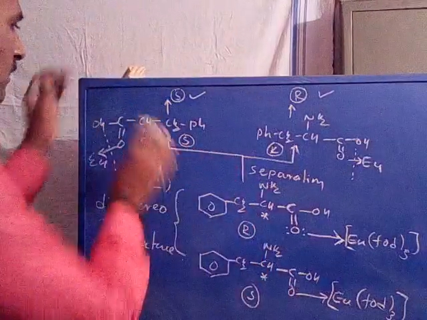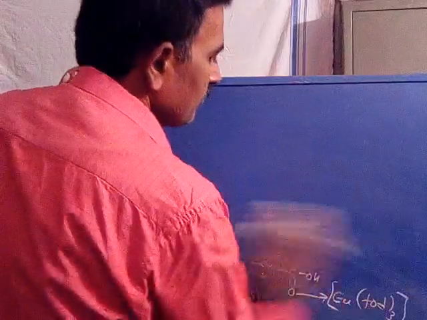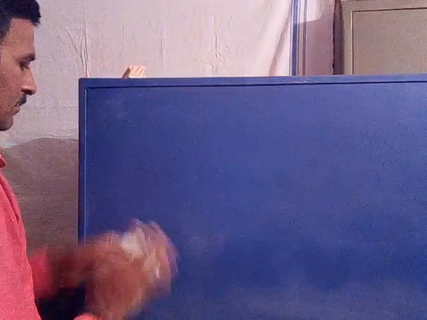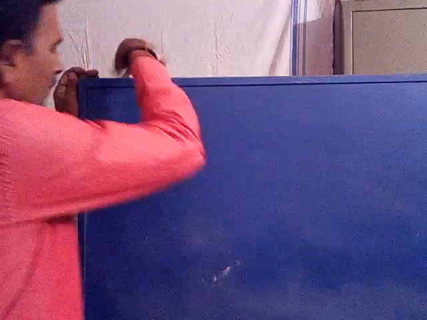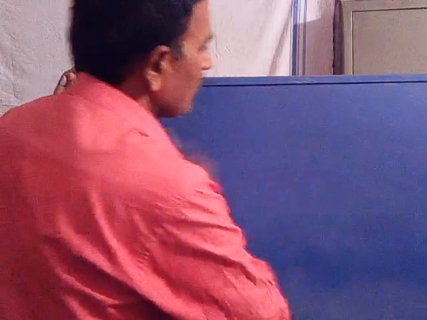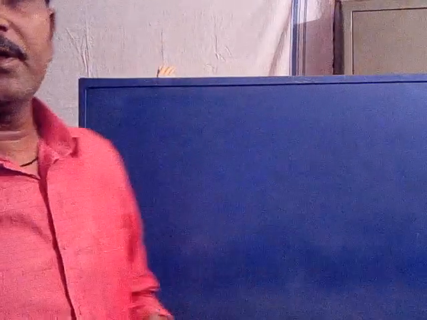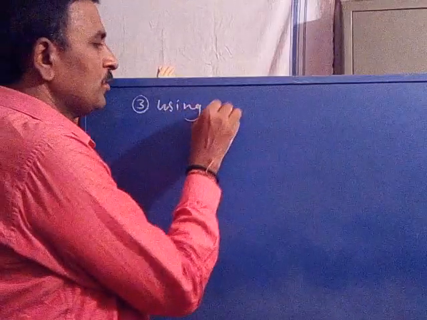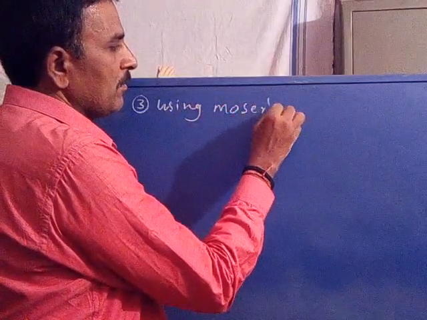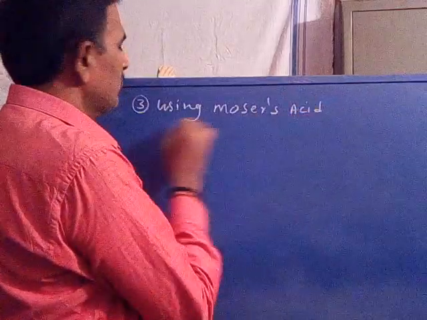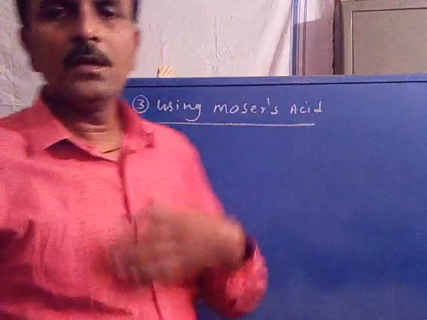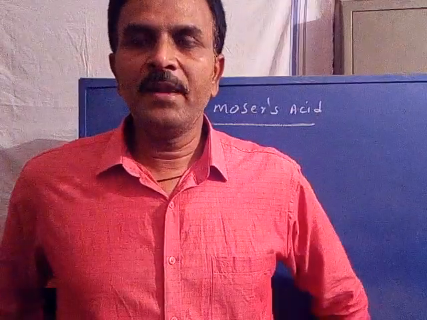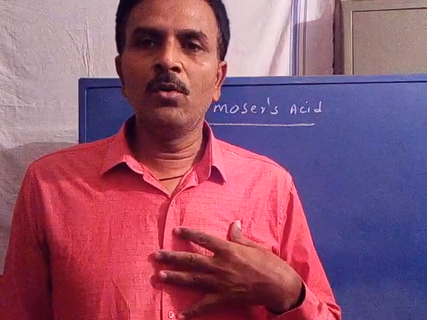Now you have a third method to be studied for enantiomeric discrimination, that is, the third one, using Moser's acid. Discrimination of enantiomers using Moser's acid.